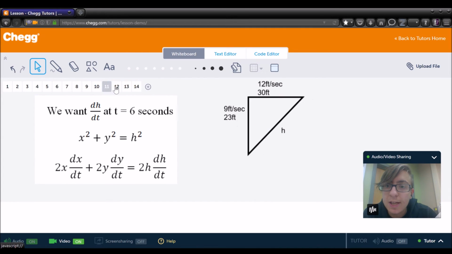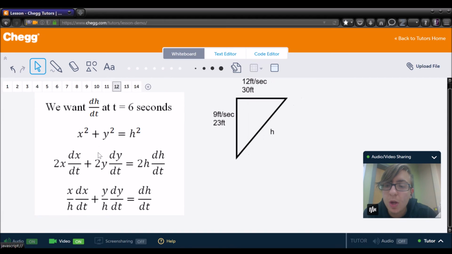So if we divide both sides by 2h, so 2y divided by 2h and 2x divided by 2h, we get the following: x over h, the two 2's cancel out, times dx/dt, plus y over h, same idea, the two 2's cancel out, times dy/dt, equals dh/dt.